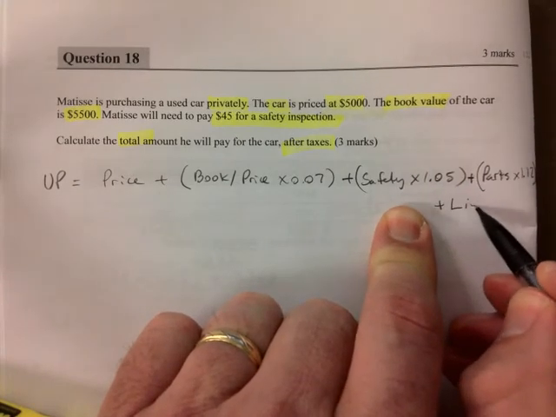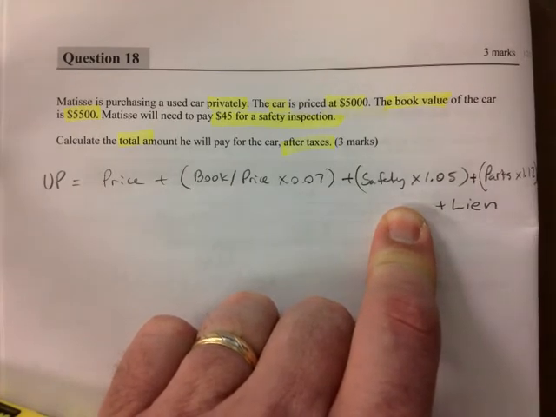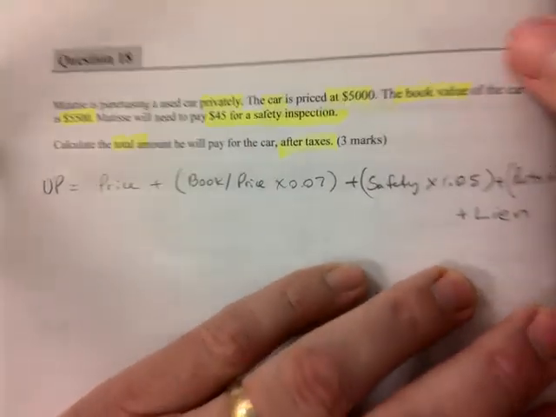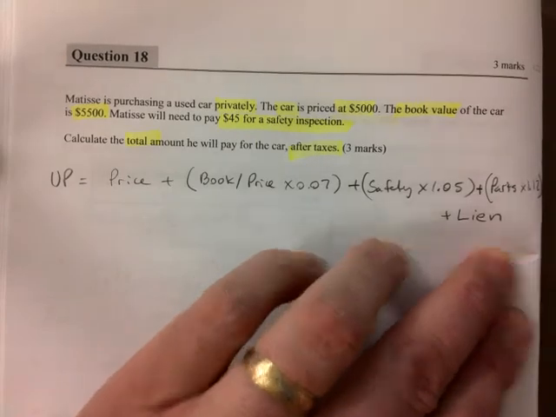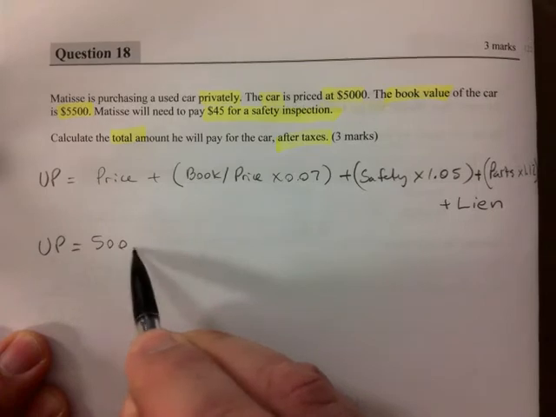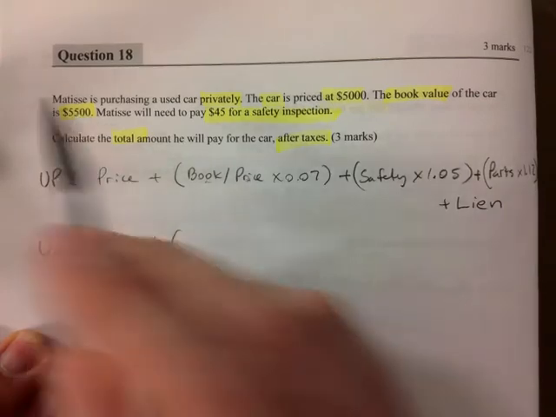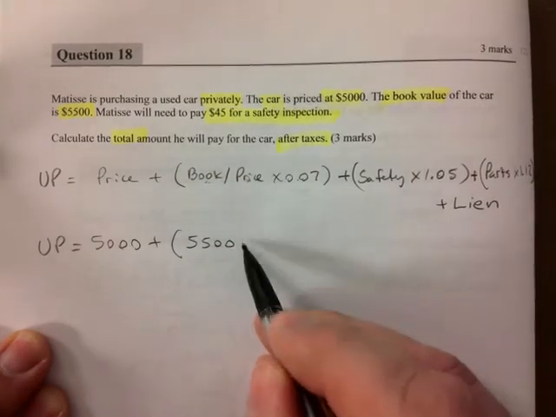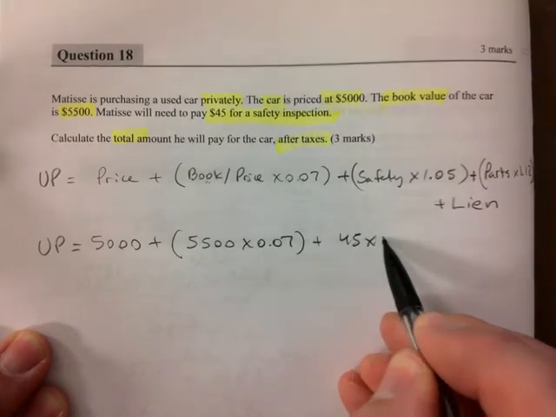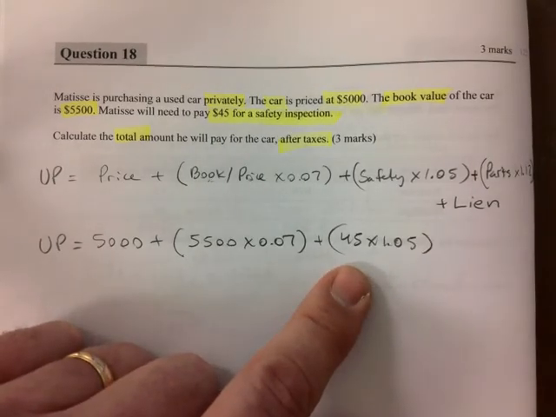Do you remember this one? The lien search? But that doesn't get taxed. You would just add it. No taxes on a lien, okay? So my bad. Make sure you have that. So in this case, use private. You take the price of the car plus which one is greater. In this case, the book value is. So we got to use that one. There's a safety, which gets GST only. Okay. There's no parts, no lien. That's it.